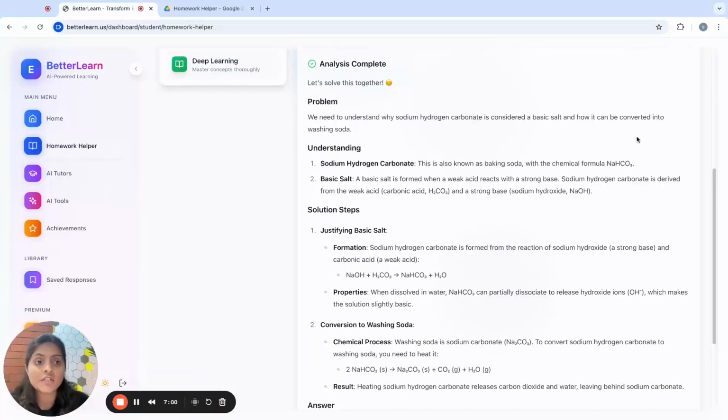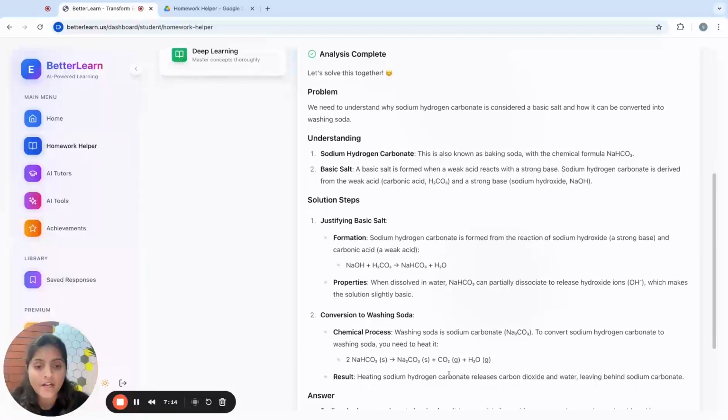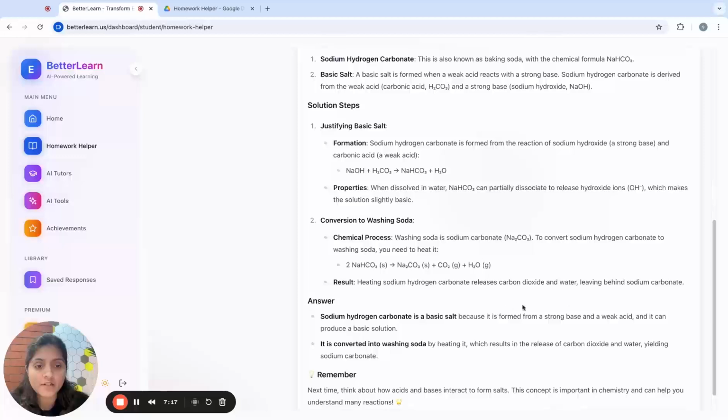Then the next question in this section is how it can be converted into washing soda. So as you can see, it shows the whole chemical process and also provides the chemical equation for this. And at last it mentions the result part as well. And after combining the whole questions, it mentions the answer here.